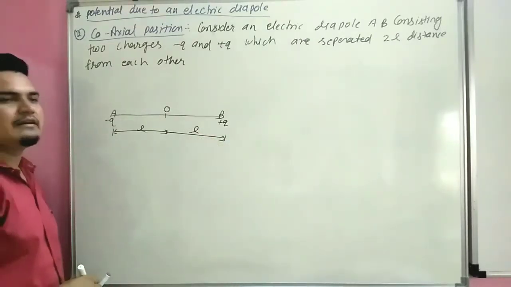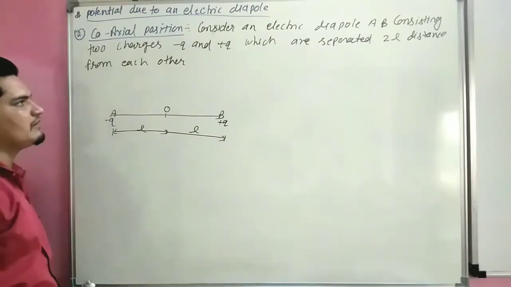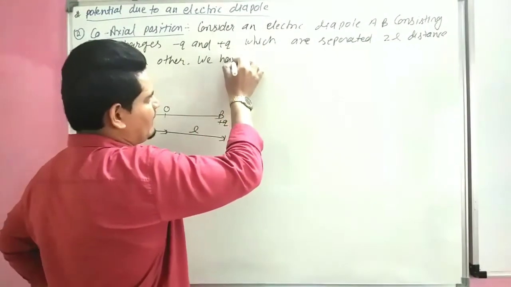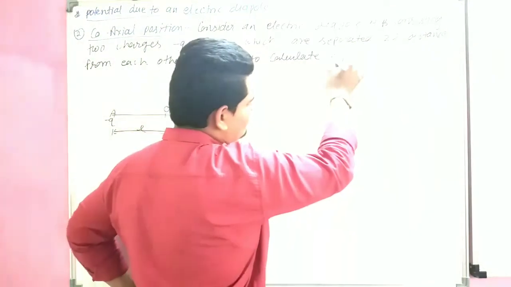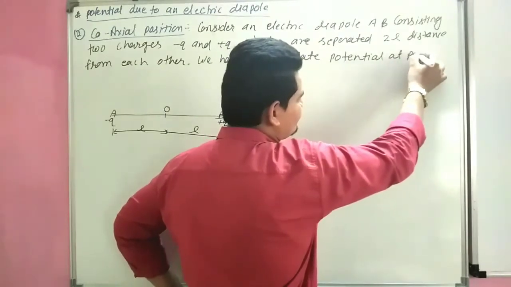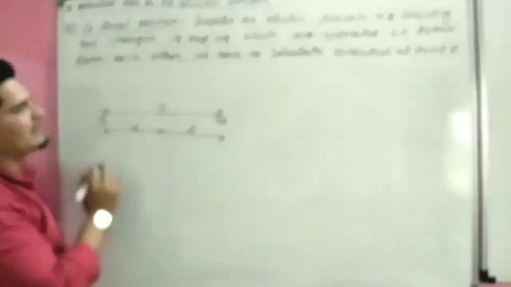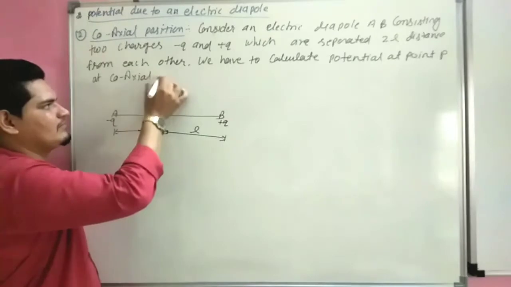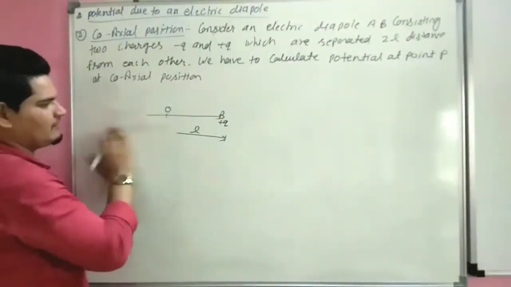Now we have to calculate the electric potential at point P for coaxial position. We have to draw a diagram again.